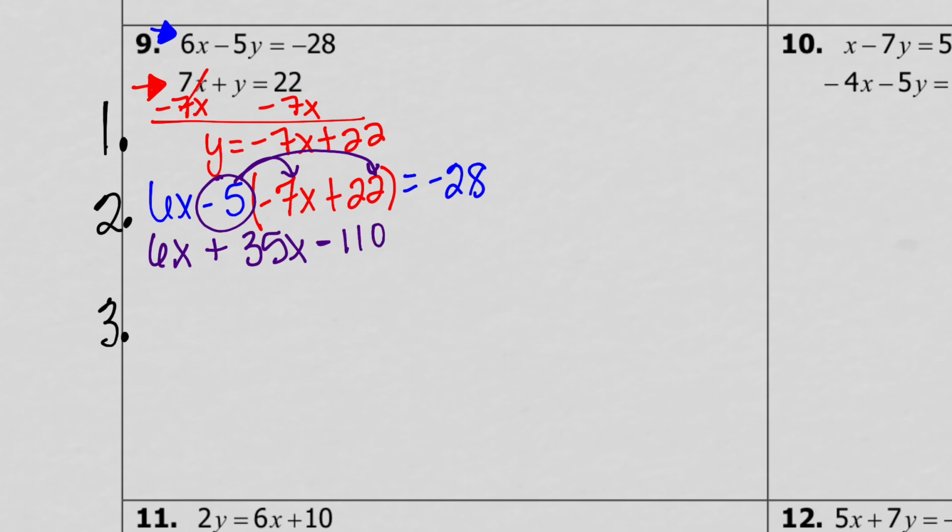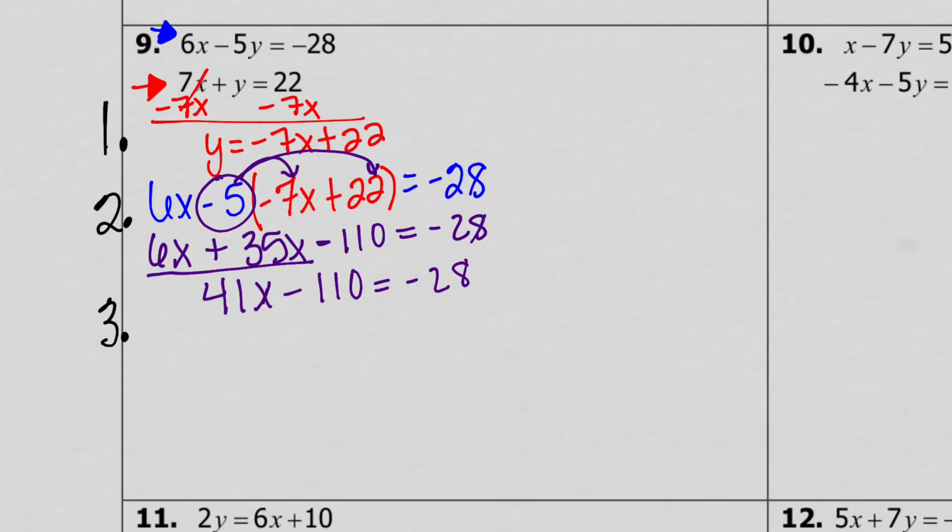We're going to put equals -28. We're just dropping that down. Then we are going to combine our like terms. 6x plus 35x is 41x. We're going to drop down our -110 equals -28. Didn't change anything there. I just combined my terms.